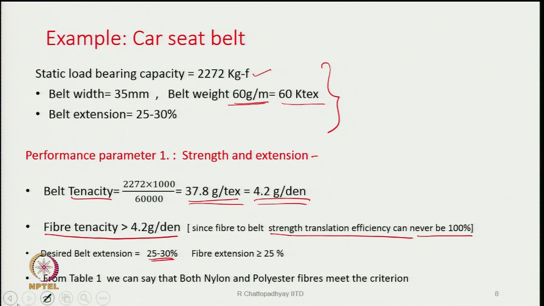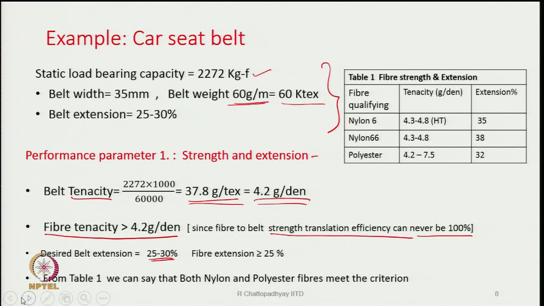Now, if you look at table 1, you can see that if I give this criteria and you study the fiber data bank where the properties are listed, we can identify these fibers: nylon 6, nylon 6,6 and polyester.